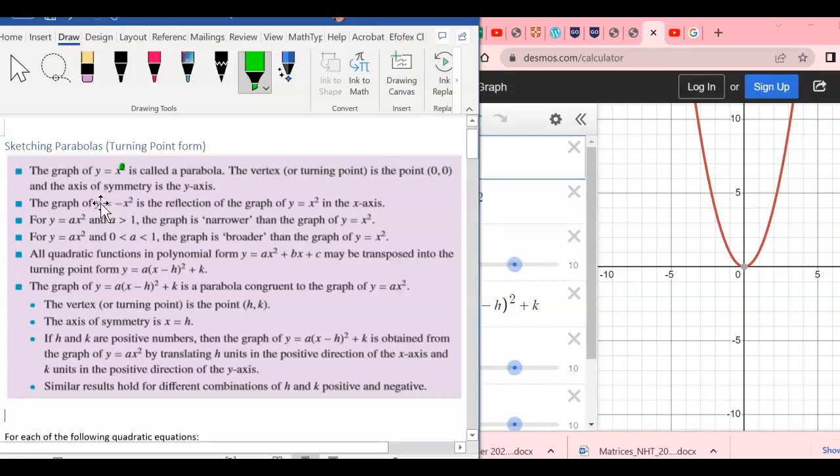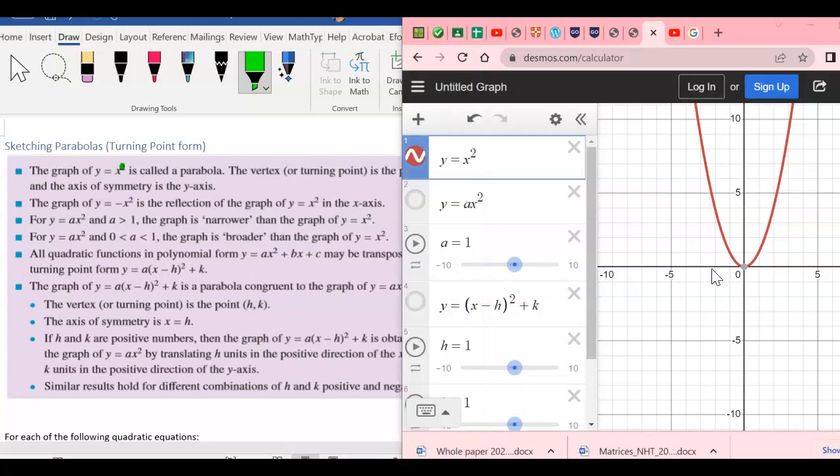Now for this graph, the axis of symmetry is your y-axis. So the axis of symmetry just means where it splits it in two. So we're basically going down, having a vertical line is going to split it in two.